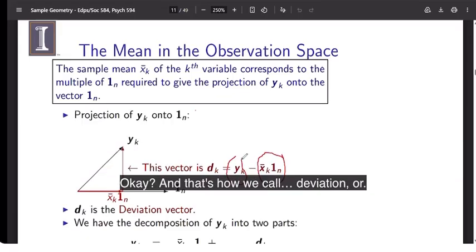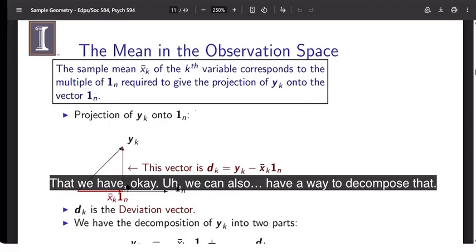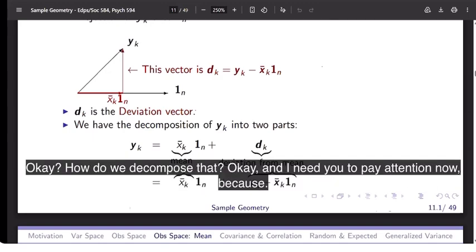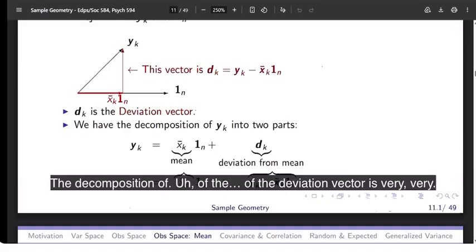But you know what? The deviation vector that we have, we can also decompose. How do we decompose that? I need you to pay attention now, because the decomposition of the deviation vector is very, very crucial in statistical inference.